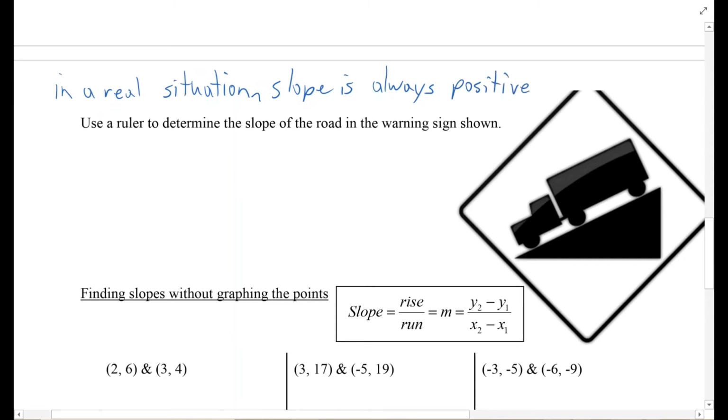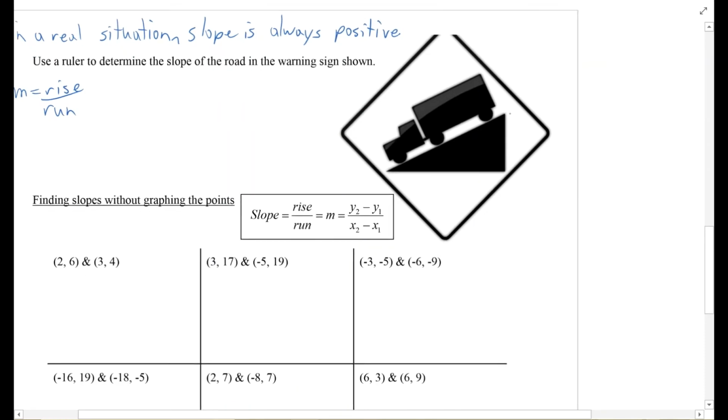So if we look at this sign over here, if you're trying to find the slope of the road, you will not actually measure the road. It's really weird. What you're going to measure is the rise over the run. So you're going to measure the rise of the road, and you're going to measure the run of the road. And so using a ruler, if you had one, you would measure this here to be 10 millimeters. That is your rise.